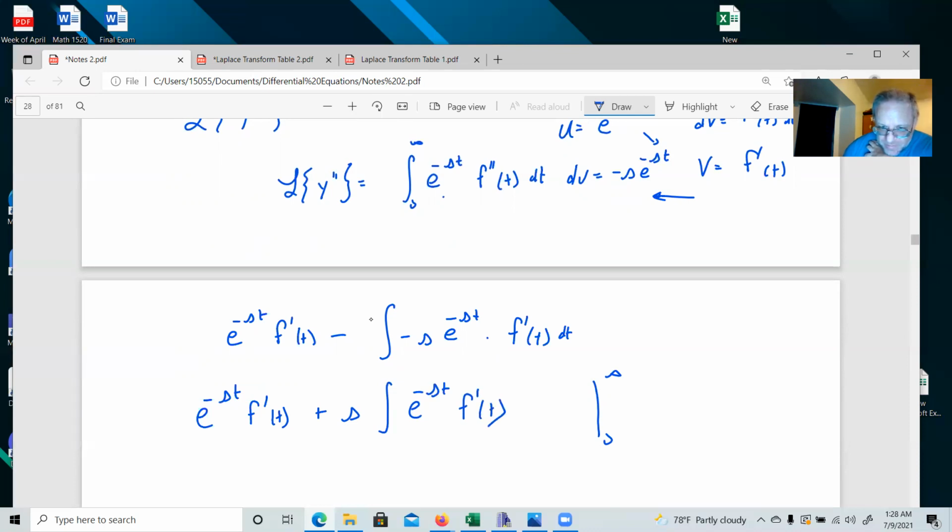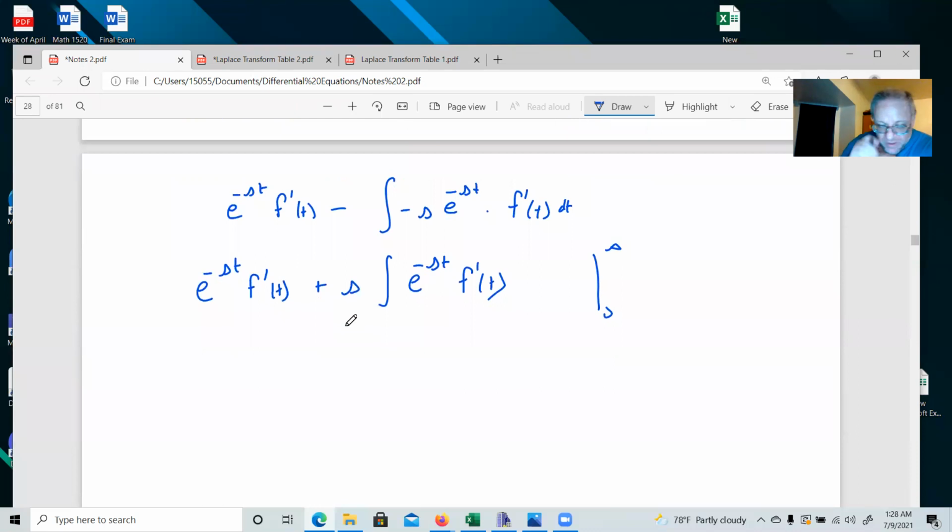As we evaluate, we have e to the negative sT, that's the limit as T goes off to infinity, times f prime of T, again a limit. But same thing, we assumed these things are of exponential order. Polynomials: if you have a polynomial, its derivatives are also of exponential order because you also have a polynomial.